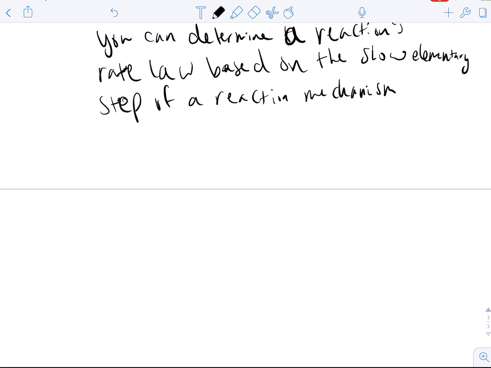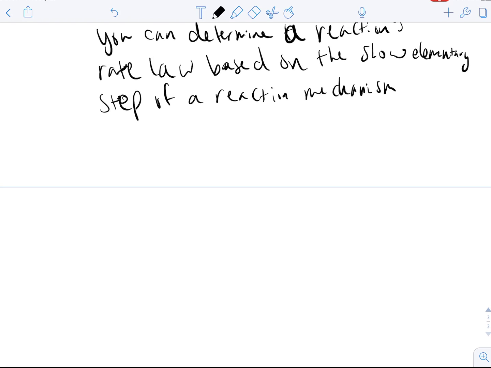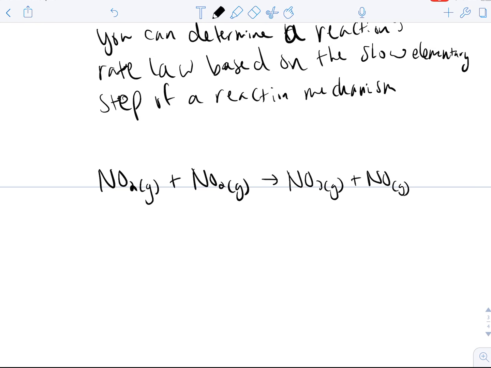So let's take a theoretical idea of a reaction mechanism. Actually, I have an actual reaction mechanism we could do. We have NO2 gas plus NO2 gas reacts to produce NO3 gas plus NO gas.